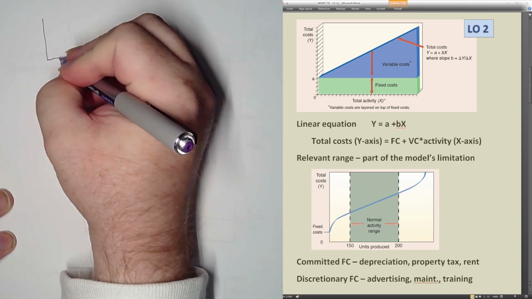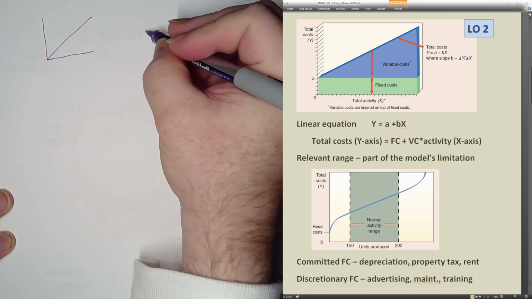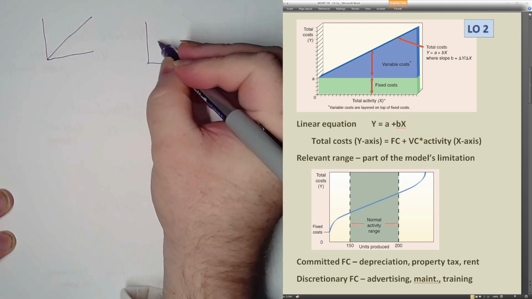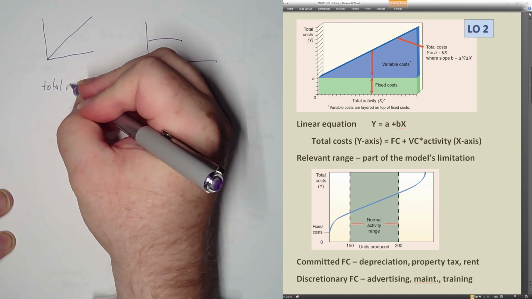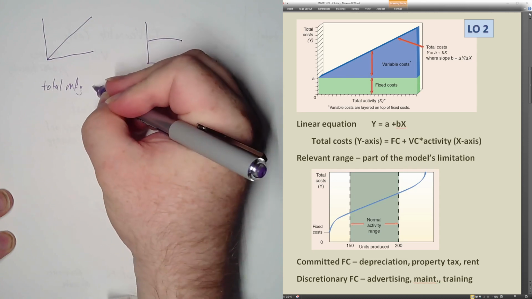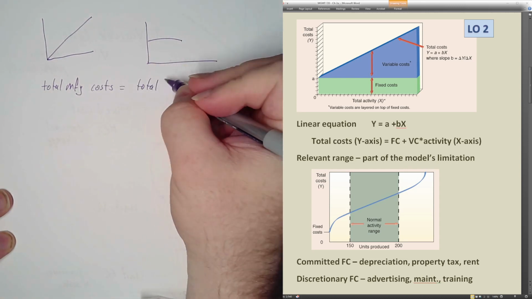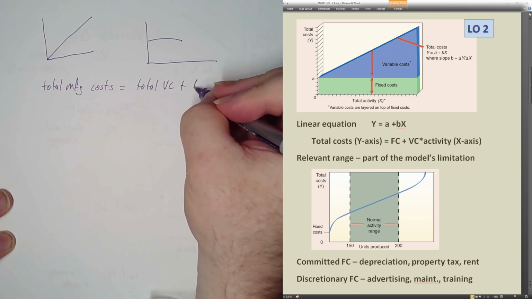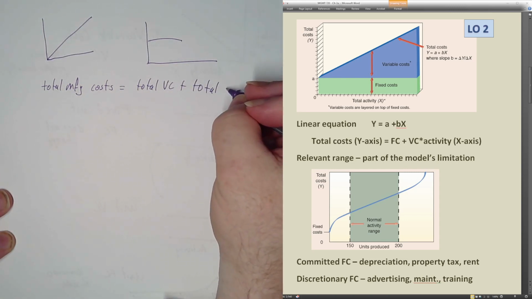We're looking at total variable costs, which change with level of activity, and we're looking at total fixed cost. And we can almost say that total manufacturing costs equal the total variable cost plus the total fixed costs. And this is our first step in our equation.